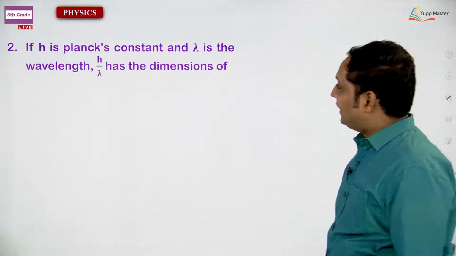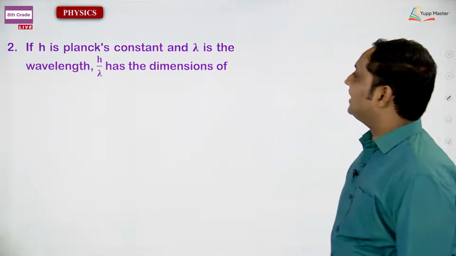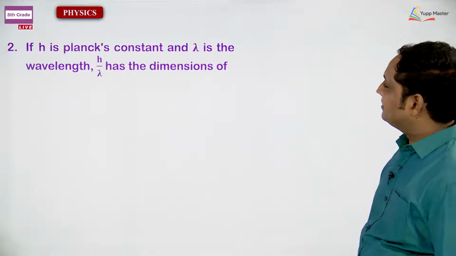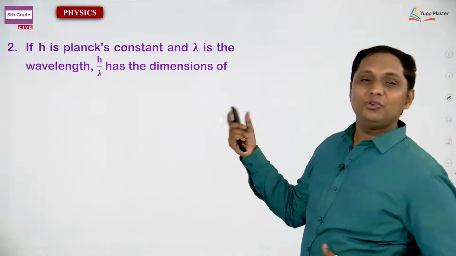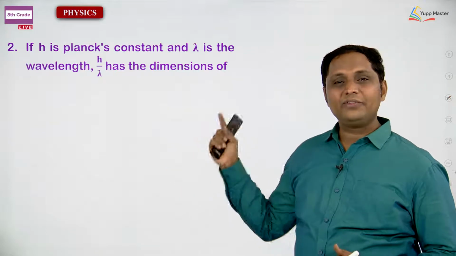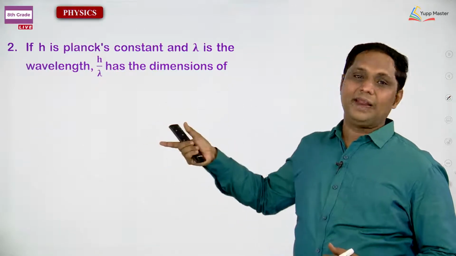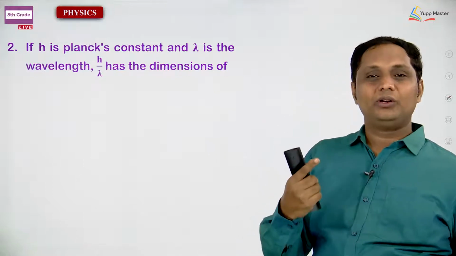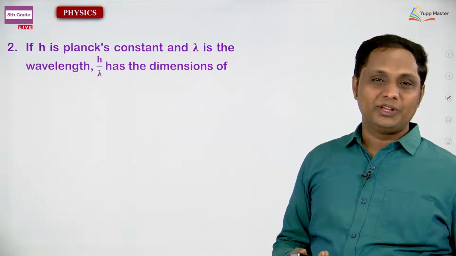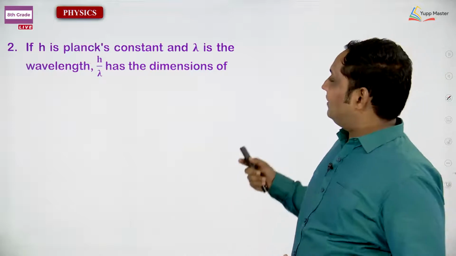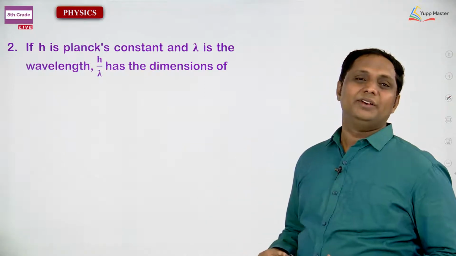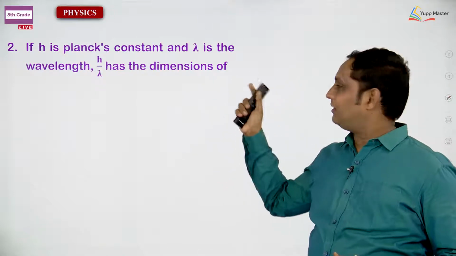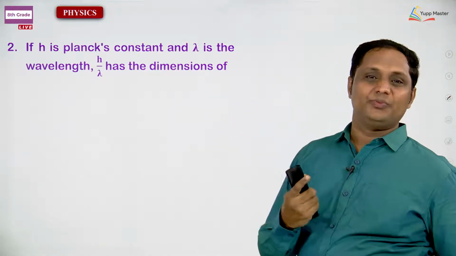So if h is the Planck's constant and lambda is the wavelength. Have you observed the previous animated video? You have seen that h nu, we are all talking about Planck's quantum theory. That is the energy emitted or absorbed by a black body, n h nu.